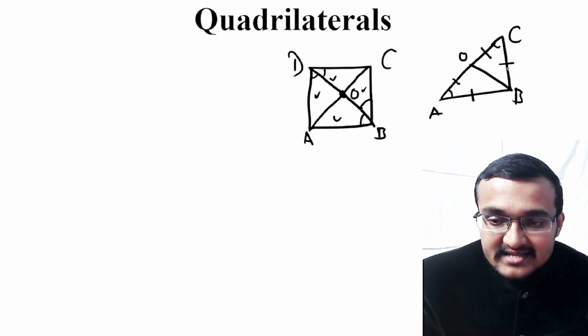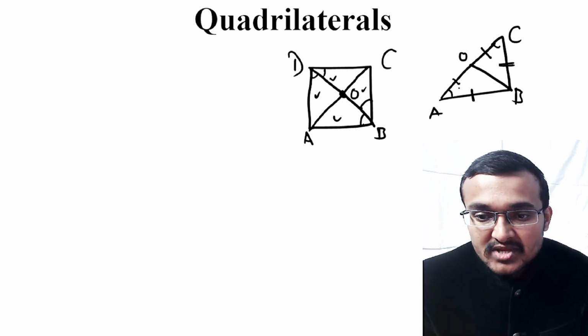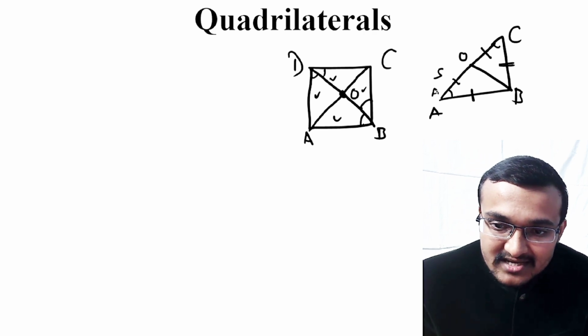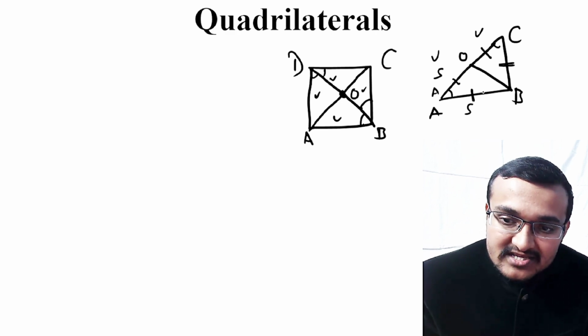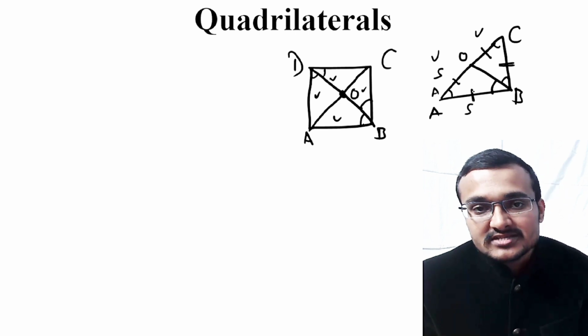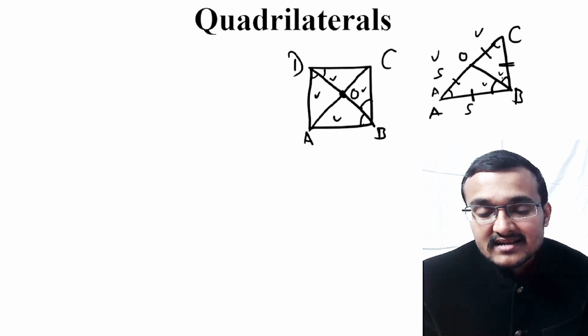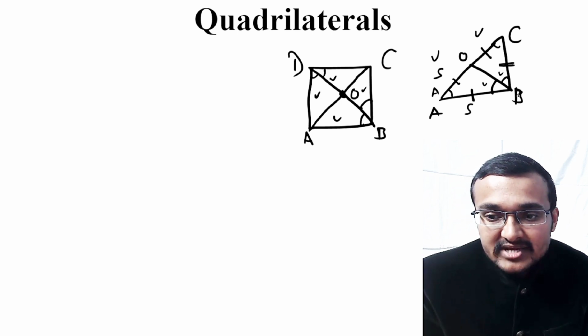And these sides are equal to each other because ABCD is a square, so AB will be equal to BC. So here also, according to the SAS axiom, these two triangles will be congruent with each other. Since these two triangles are congruent, this angle and this angle will be equal to each other. Since they are equal, BD bisects angle B.